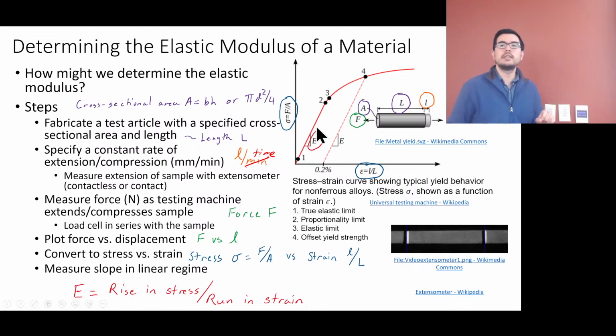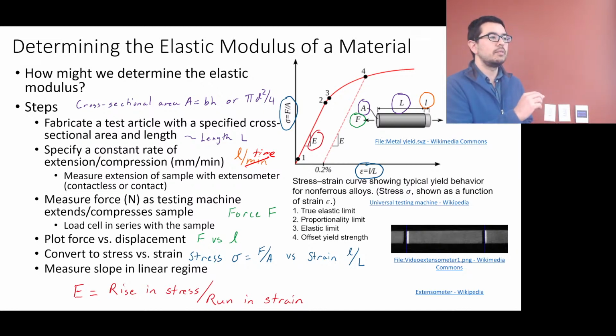Any questions on this? So someone gives you a stress-strain curve, you have an idea of what they did to get it now. And you can take out your handy dandy ruler, or you can do it by eye, and you say, okay, I can figure out the elastic modulus.